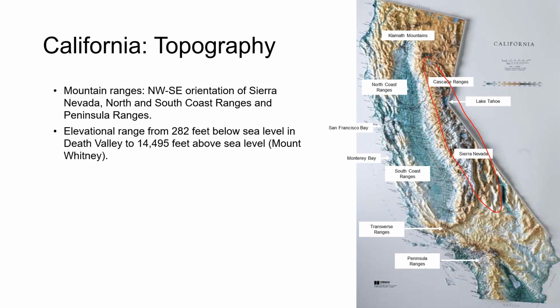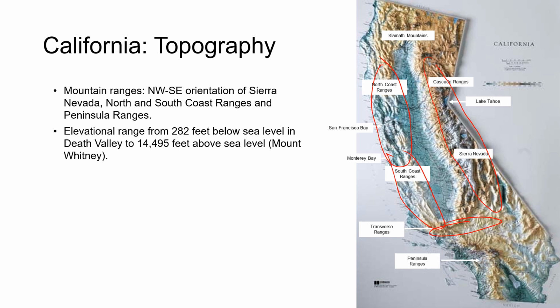The North Coast Ranges here run from the San Francisco Bay northwards to the Klamath Mountains, which join with the southern end of the Cascades. The South Coast Ranges run from the San Francisco Bay southwards to Santa Barbara, where the east-west transverse ranges form a link between the Coast Ranges and the southern end of the Sierra Nevada.